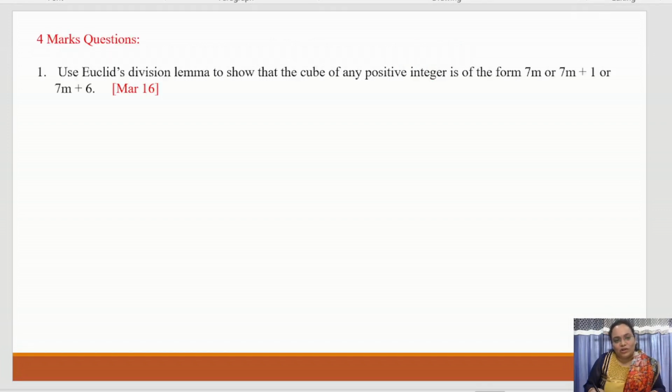So first let us solve this question. Use Euclid's division lemma to show that the cube of any positive integer is of the form 7m or 7m plus 1 or 7m plus 6.